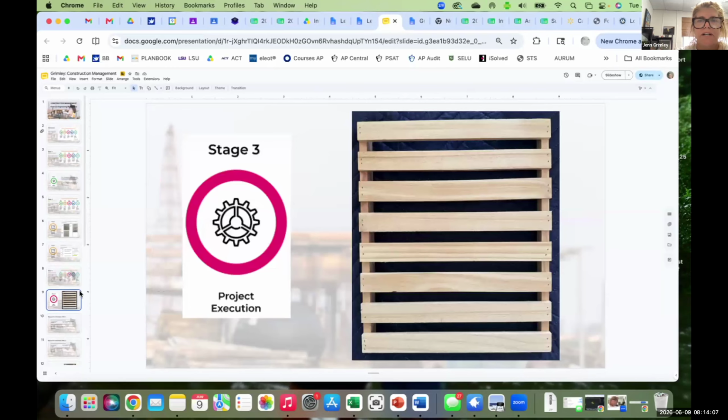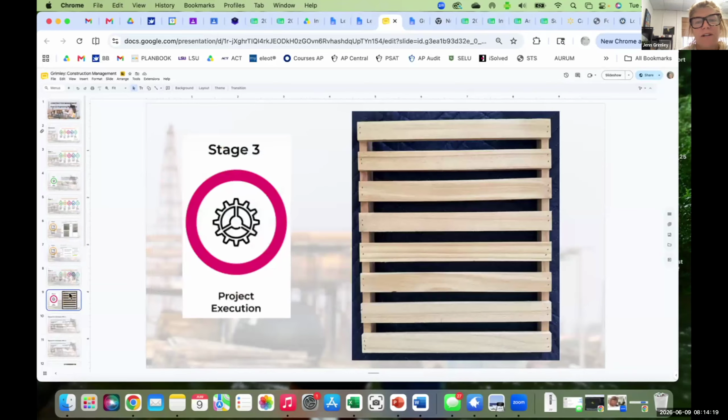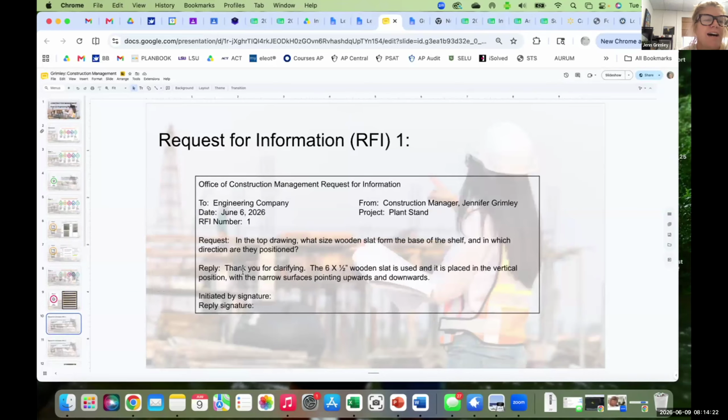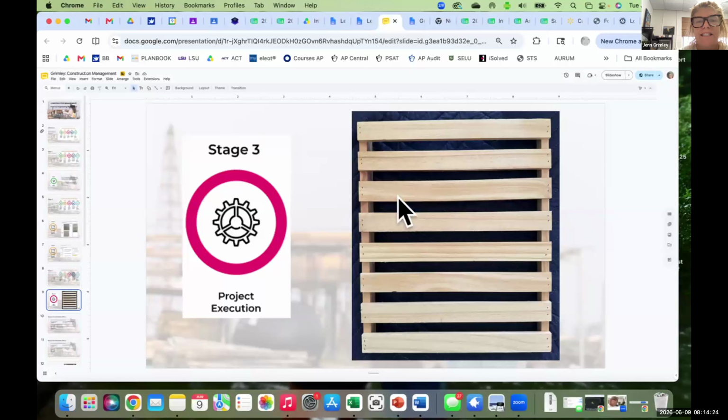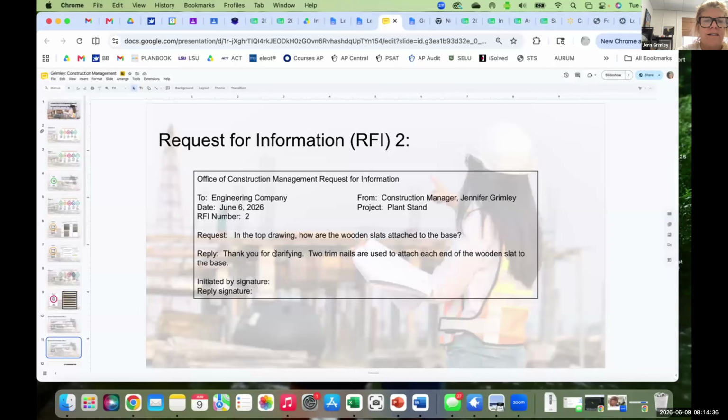So this was the first part. If you go back to the bid, there are no nails on the bid, so it was lacking one needed part. The request for information was, how do we attach these slats to the base? In that communication, it said first the direction the boards had to go, and then that they needed trim nails to attach those to the base.